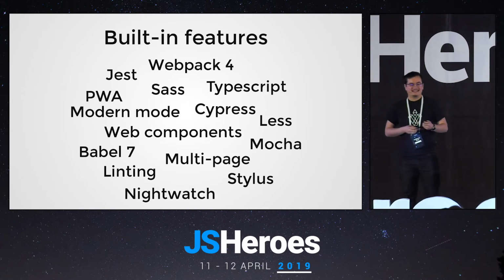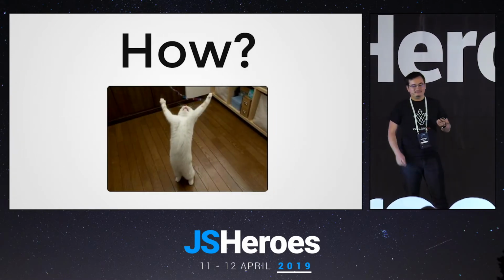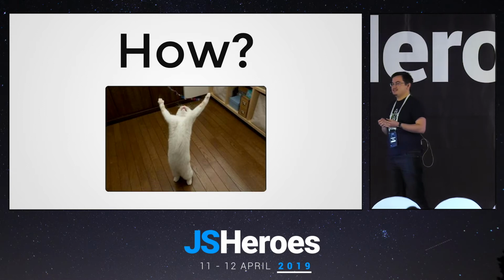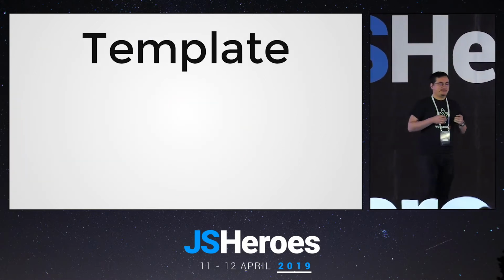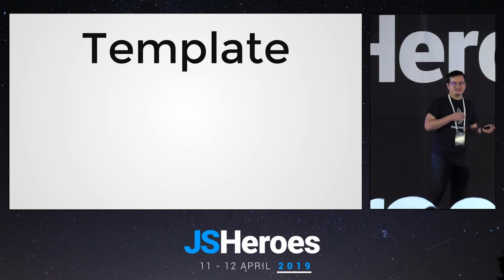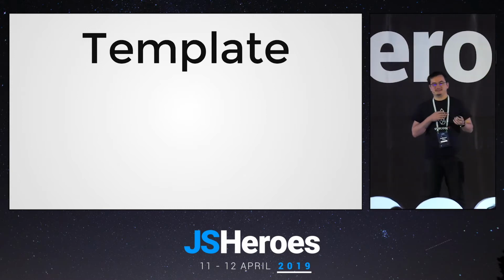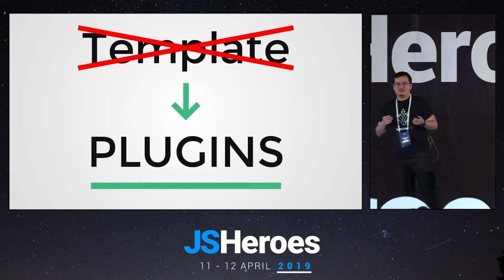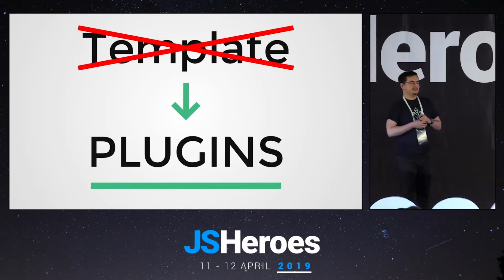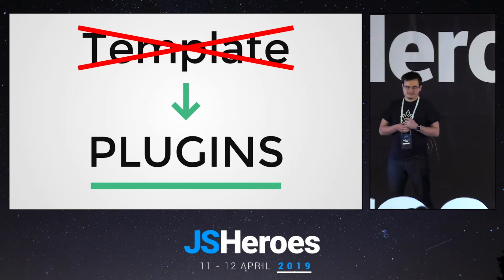So that's great. And how did we manage to do that compared to the old Vue CLI? Previously we had a template system, which were incompatible with each other, as I said. So we ditched it and replaced it with a plugin system, which is totally different.